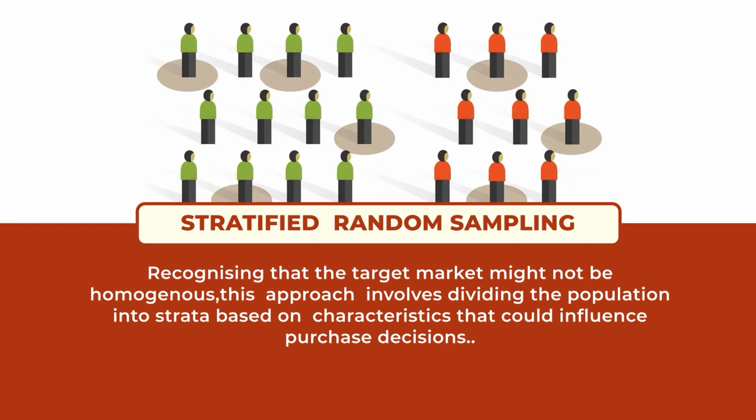Recognizing that the target market might not be homogeneous, this particular approach utilizes the division of the population into strata based on the characteristics that could influence purchase decision. So people could be value conscious, they could be health conscious, they could be environmentally conscious, and based on these we can then divide people into these strata.